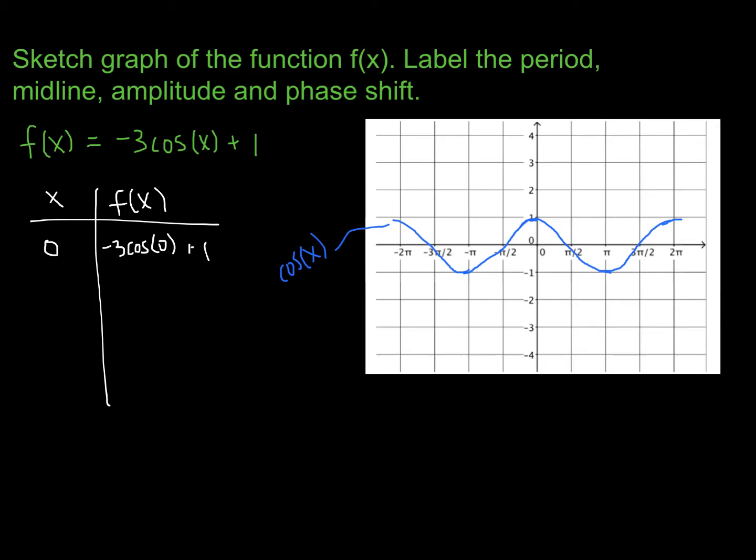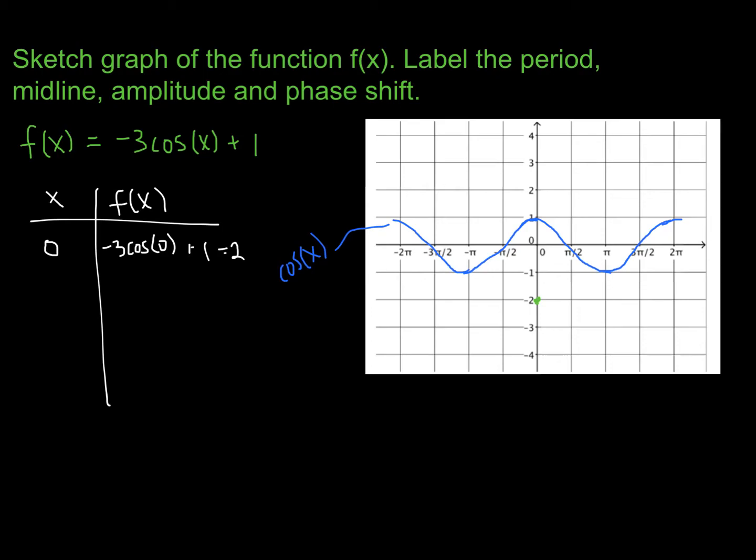Cosine of 0 is 1. Negative 3 times 1 is negative 3, plus 1 is negative 2. So the first point that I could plot, when x is 0, the value of my function is negative 2. So that's, of course, an option as well, and I encourage you to continue using the table if you need to.